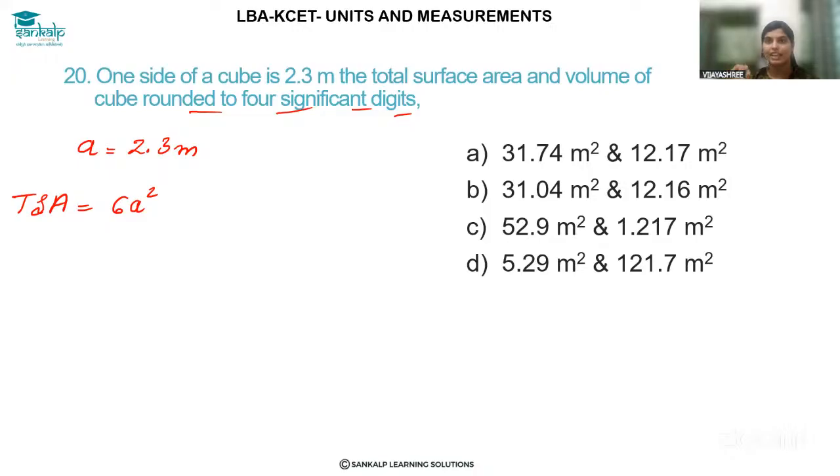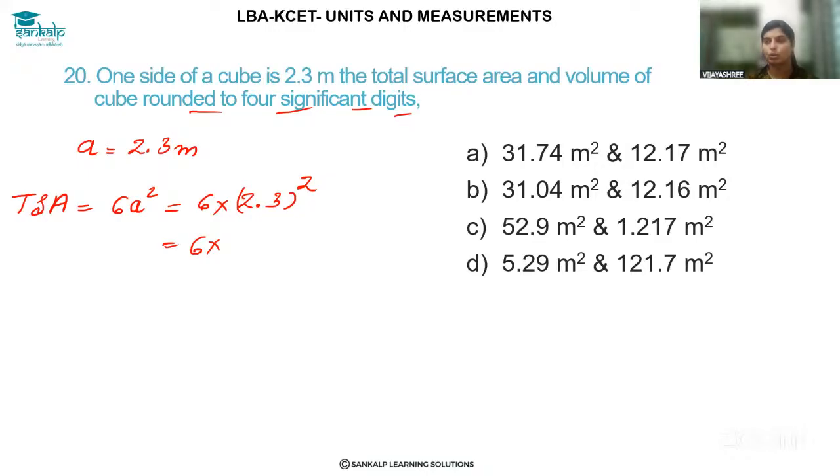One square face has surface area a square. So 6 square faces have surface area 6 into a square, which is equal to 6 into 2.3 the whole square, which is equal to 6 into 2.3 into 2.3.